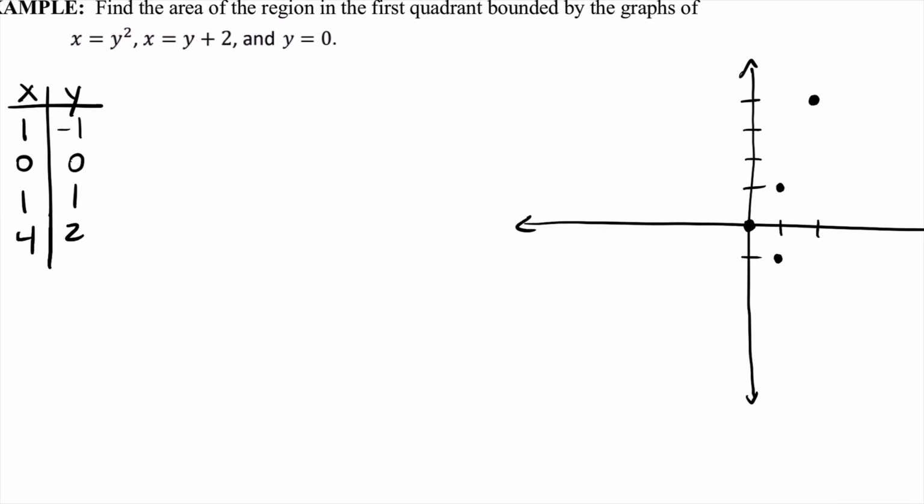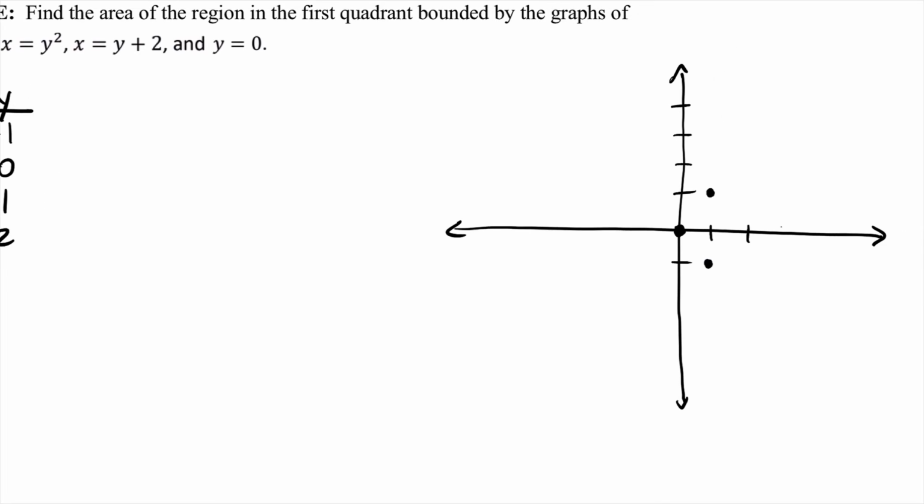Oops, I did it the wrong way. I thought that looked weird. It's supposed to go 4 over and 2 up. There we go.